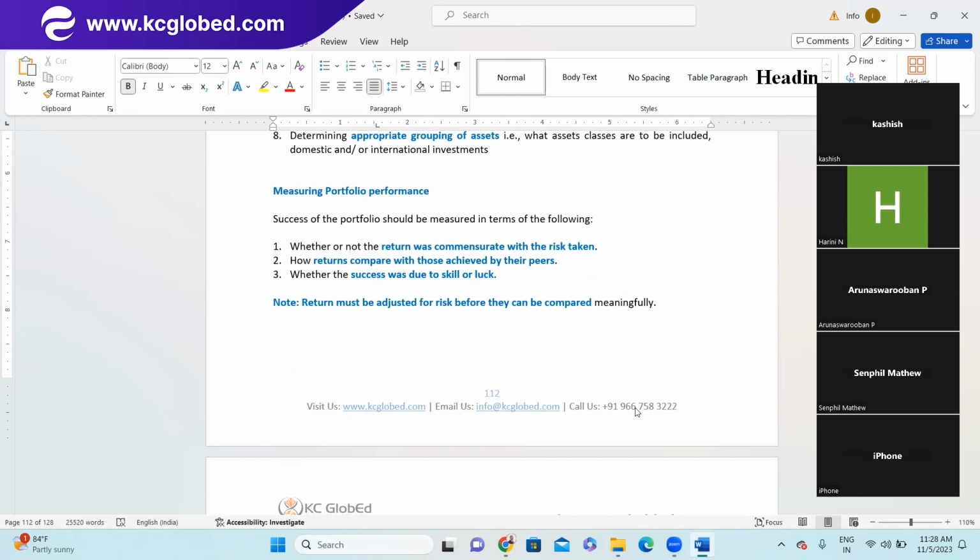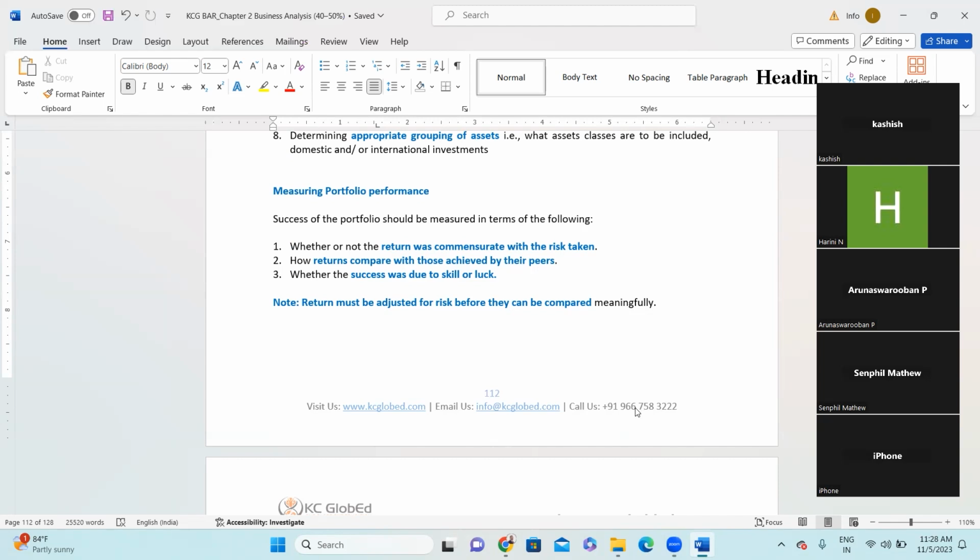So who are we? An investment management company, right? We are measuring the performance of the portfolio which we have created for the respective client. The success of the portfolio should be measured in terms of the following. First is whether or not the return was commensurate with the risk taken. If you remember in 11th standard in your business studies book, risk and returns go together.